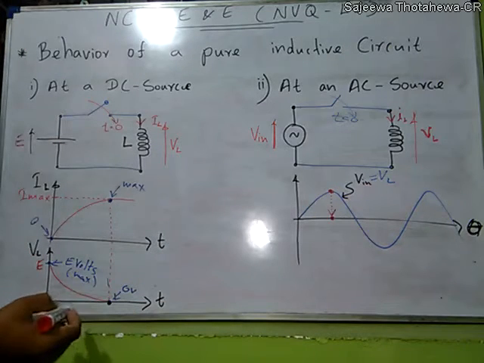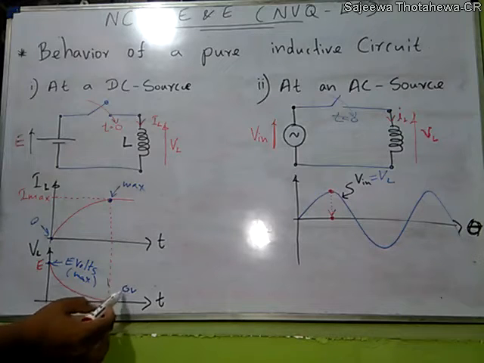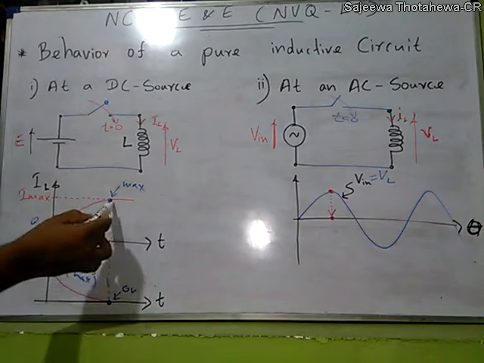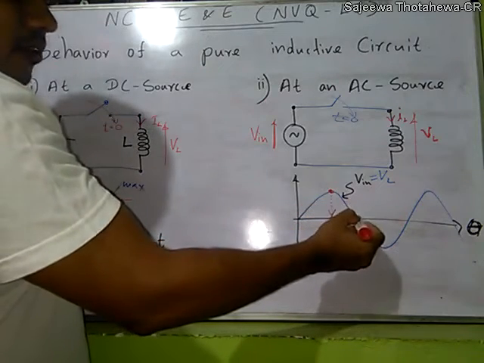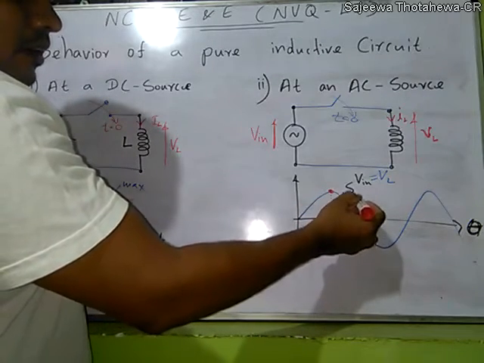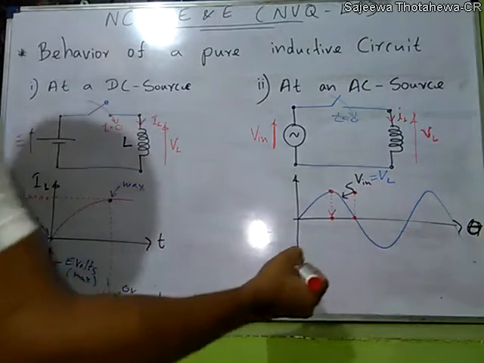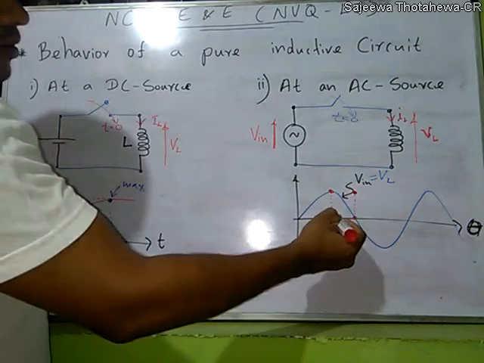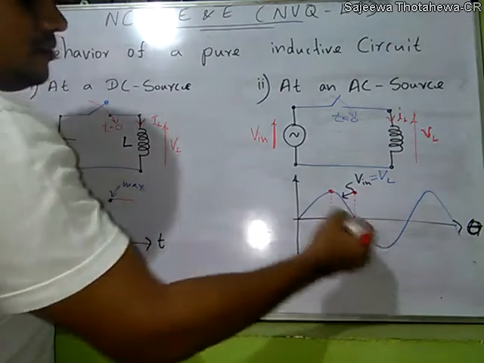Then at 0 inductor voltage, the current will be maximum. I mark that value somewhere here. Then I can plot this graph by following this sinusoidal manner.